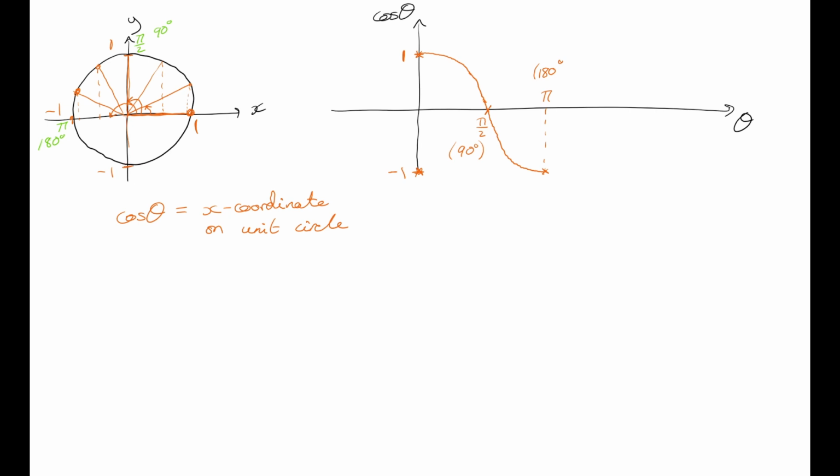So by the time I get round to here, I'm now at an angle of 3 pi over 2, or 270 degrees. I've moved around, my x coordinate is 0, so I can get that in ready on my graph. So this is an angle of 3 pi over 2, or 270 degrees.